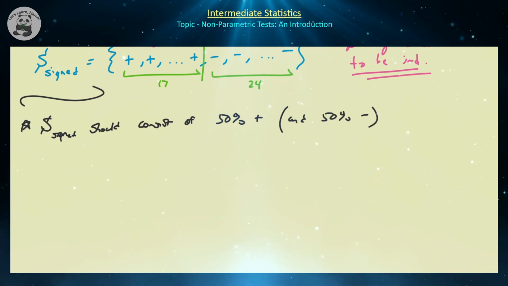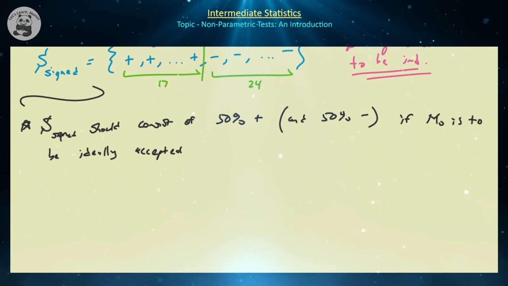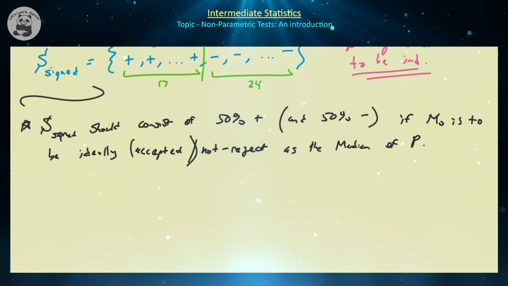And that should be the case if M0 is to be ideally accepted. Or in more appropriate terms, not rejected, because not rejected and acceptance are not necessarily equivalent to each other, right? So not rejected is the safer word, as the median of the population of interest.